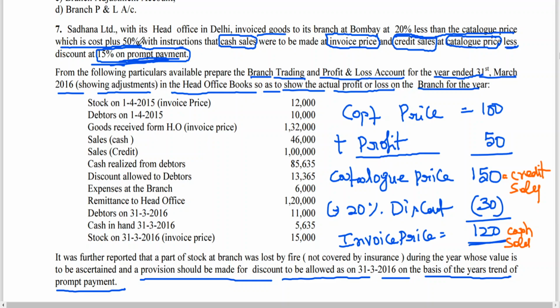In profit and loss account, all expenses, either cash or non-cash, and all losses of the concerned branch are to be charged.